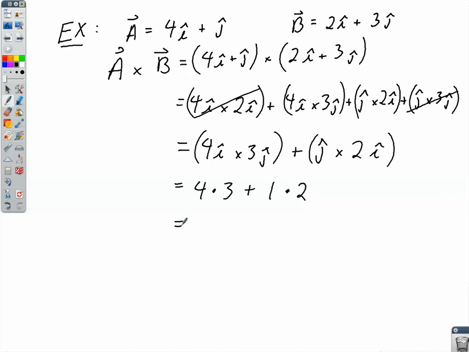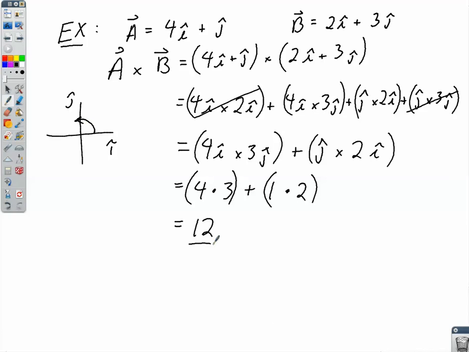So we get 4 times 3 is 12. Now we need to be careful about the direction here, because it's not just 4 times 3 and 1 times 2. There is a direction. So when we do i cross j, remember, here's i and here's j. We curl our fingers this way, our thumb points out of the board. So this is a positive 12 right here.